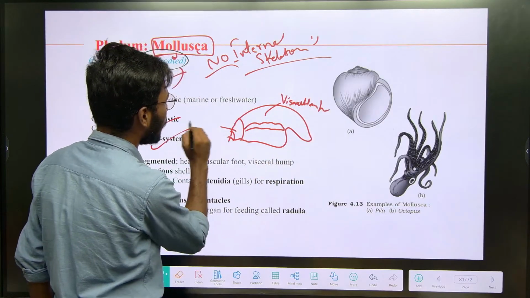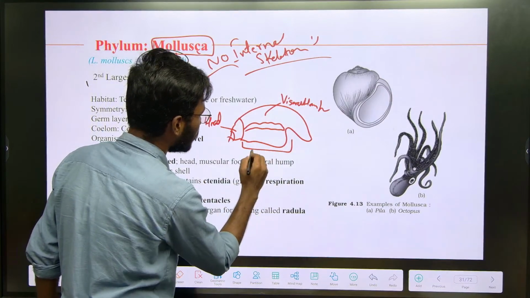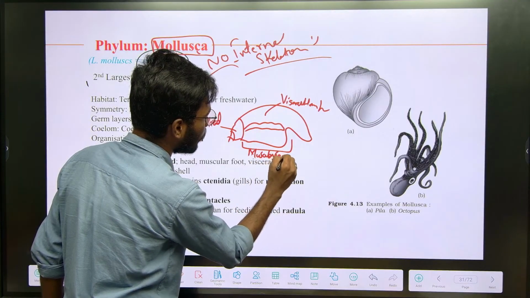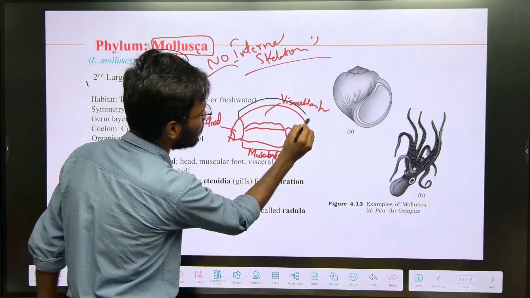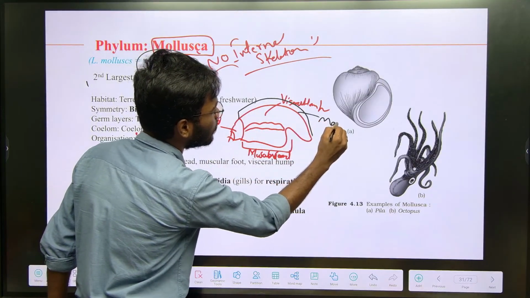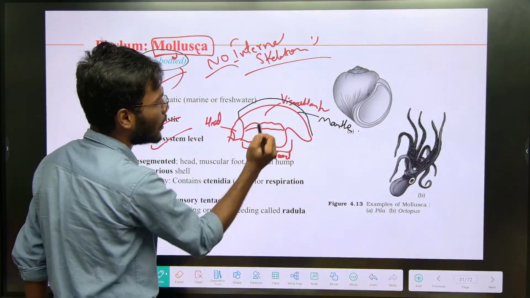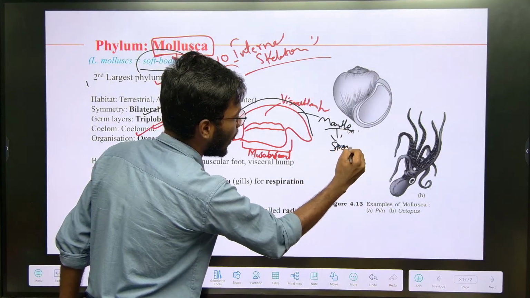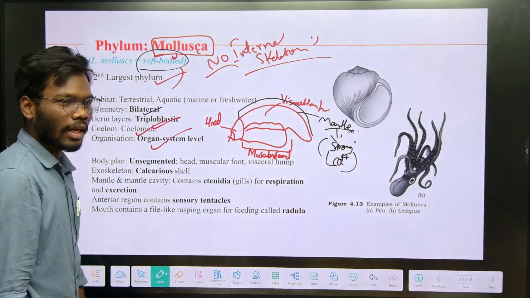And this part is called the muscular foot. On this visceral hump, there is a layer which is called the mantle. Understand? This is very strong, and it is made up of calcium carbonate.